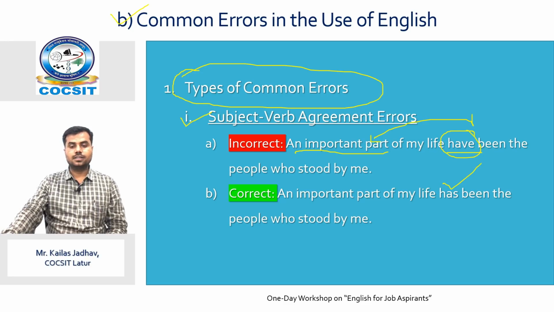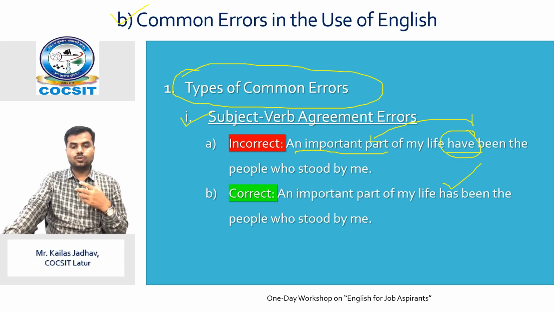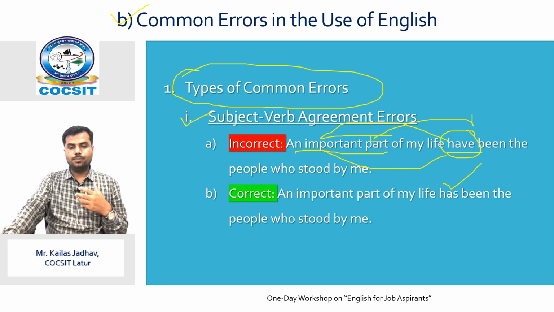Has is correct here. When you listen to the sentence, you come to know that it sounds like a correct sentence, but it is not correct so far as subject and verb agreement is concerned. An important part is the subject, and this one is the verb.